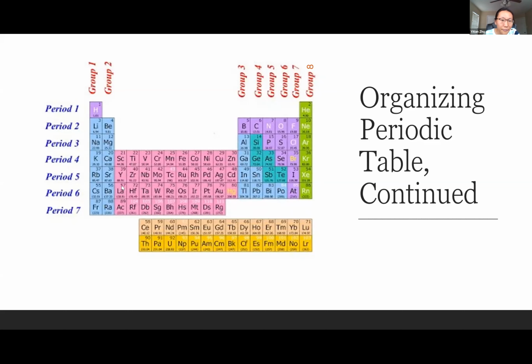I'm not sure if you can see my mouse. I'll try to annotate. They actually belong right here. So these two groups should actually go here. But unfortunately, that would cause us to have a huge, really long periodic table, and that's just not convenient to use.